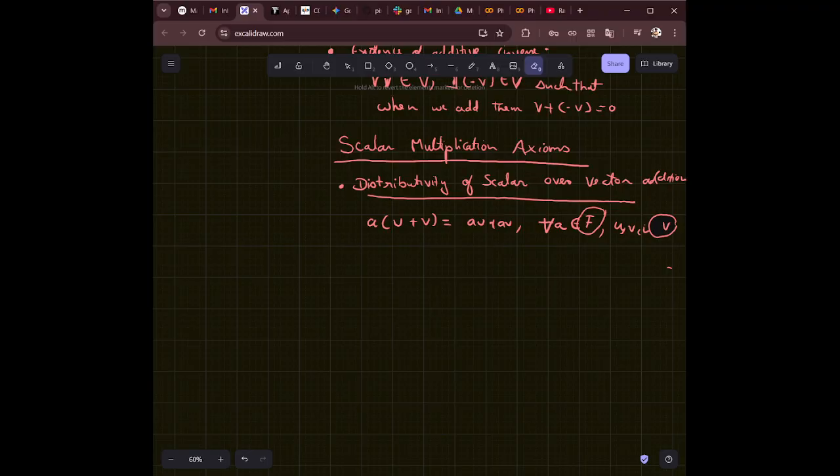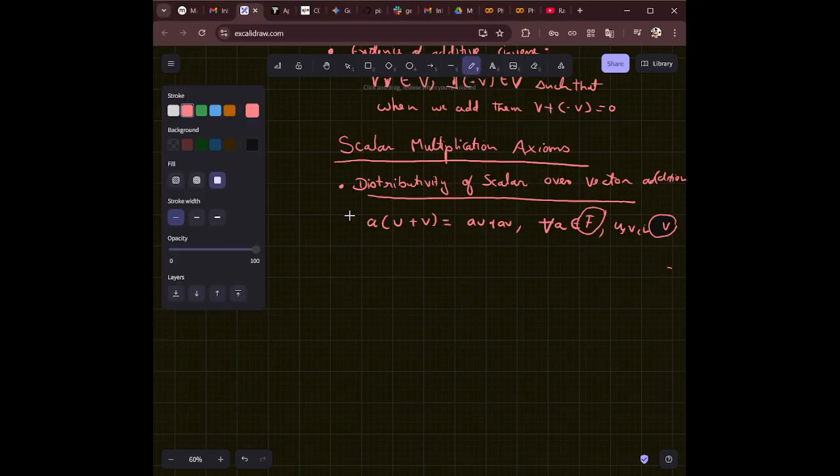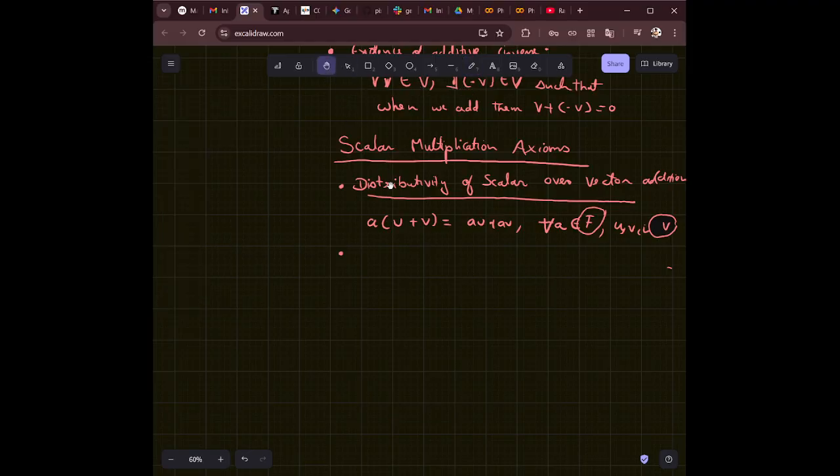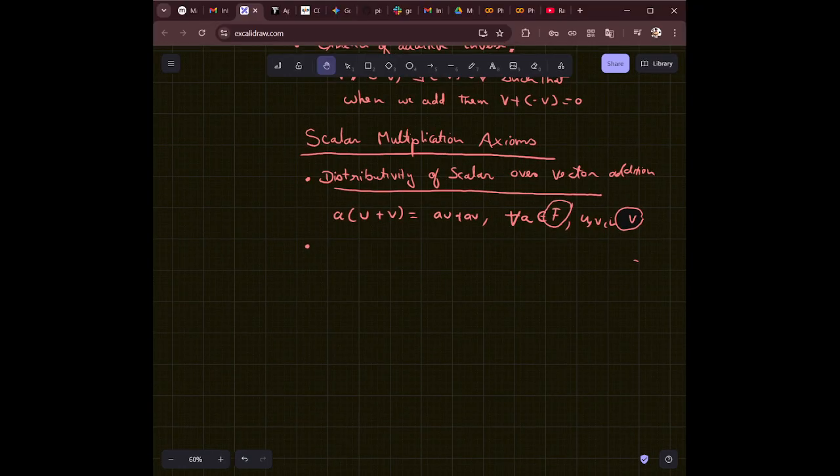So next, we have what is called distributivity of scalar addition over vectors.